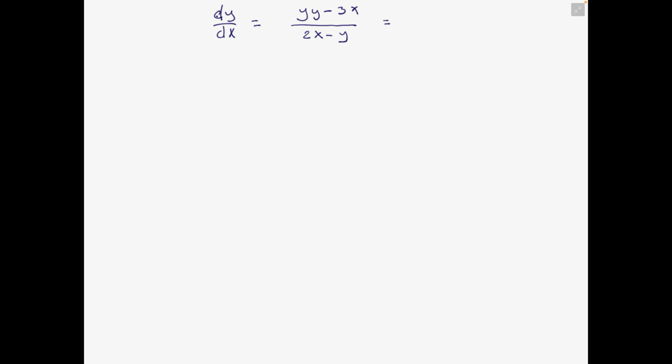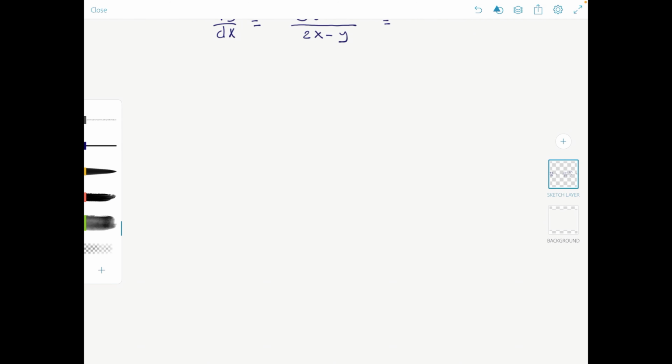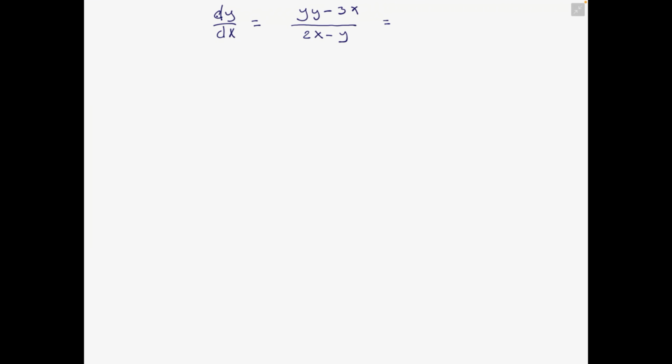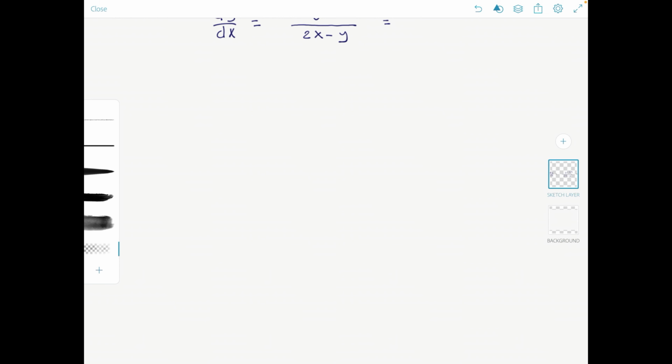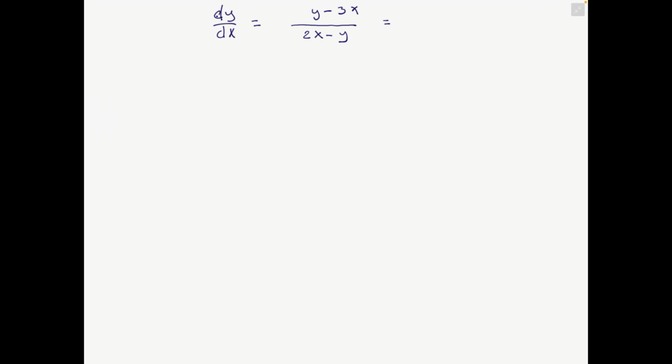So here, what did I write? I'm not paying much attention to what I'm doing. Here's the problem: 4y minus 3x over 2x minus y.